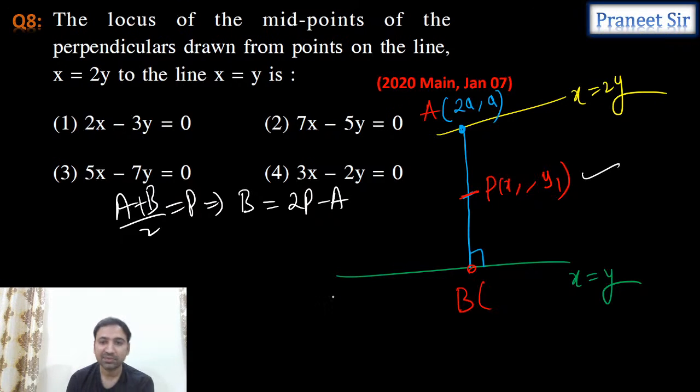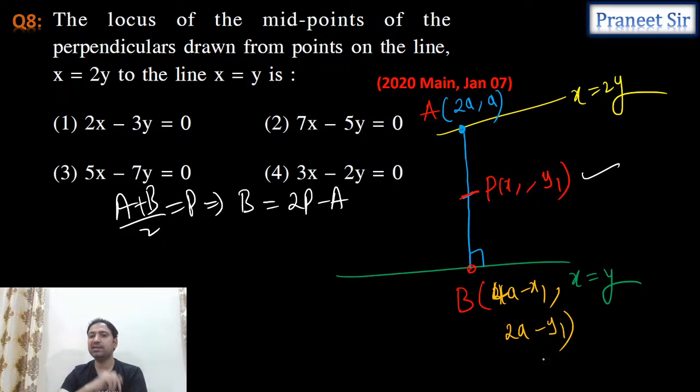Okay, sure. So in that case, what do we get, guys? Am I getting 4a minus x1 comma 2a minus y1? Yes, I calculated point B. But this point B should lie on the line x equals y.